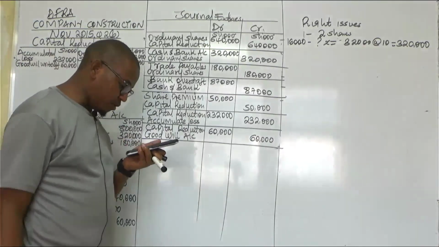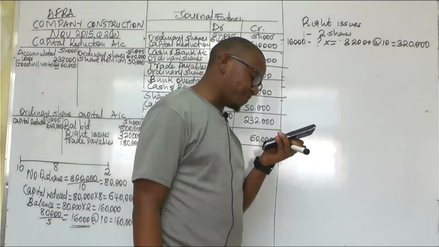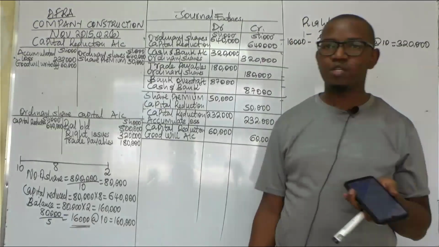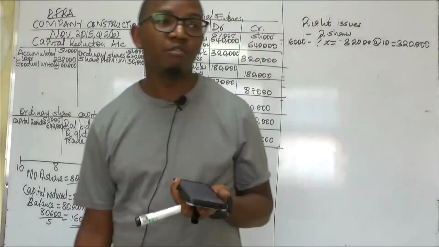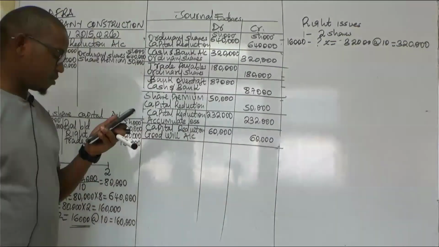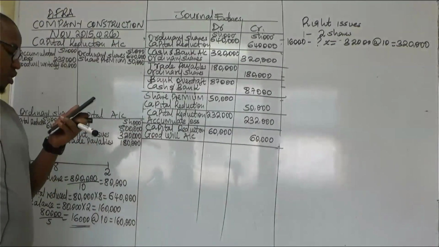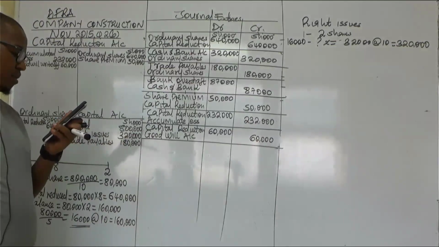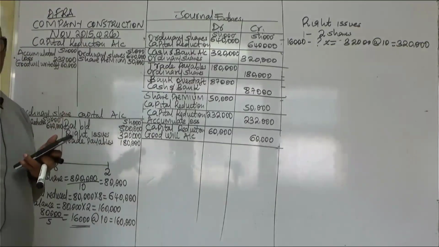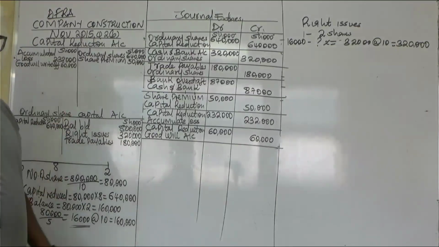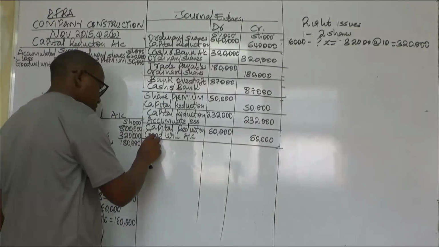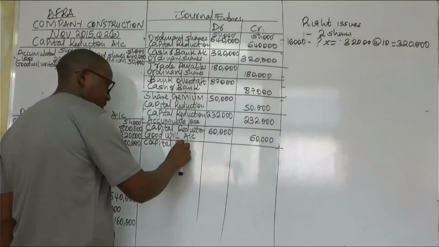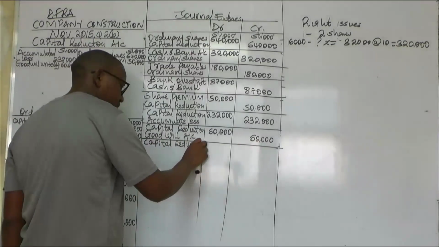Assets listed below are to be restated to the following. So here we are looking for whether it's a revaluation gain or a revaluation loss. So we begin with the plant and machinery. From the trial balance there, it was how much? 326. It has been written downwards. So we know we are supposed to debit the what? Here you could debit the capital reduction.